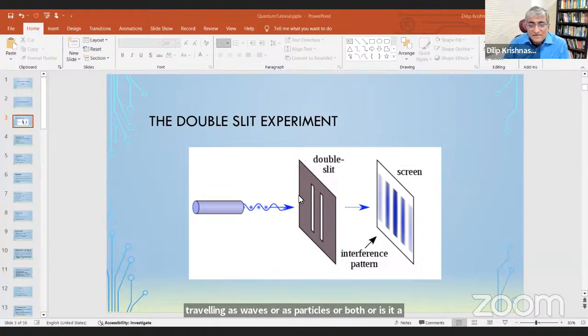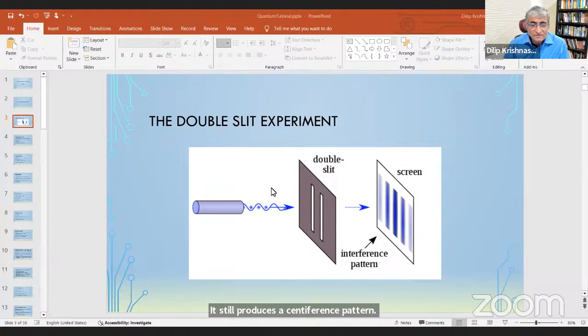The interesting thing is, we may think maybe two different photons are interfering with each other and creating this interference pattern as they come out of the slit. But if you slow the system down so that you're just sending one photon at a time, it still produces this interference pattern.